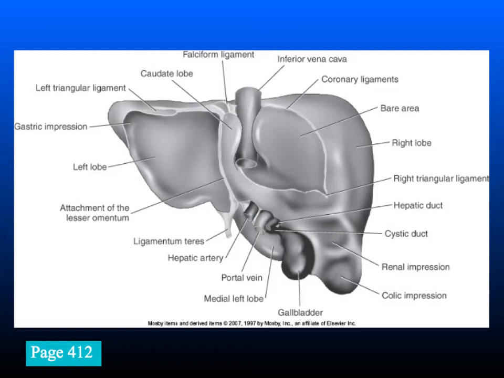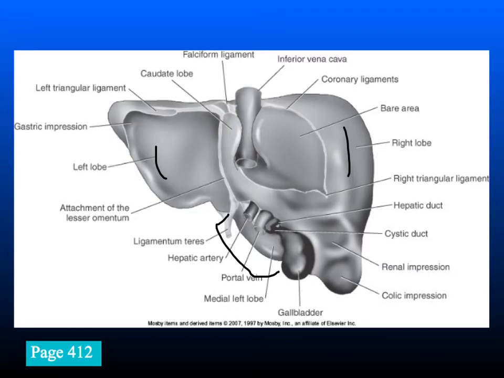This is an image looking at the liver posteriorly. Obviously, the right lobe is here, the left lobe is here. We are also looking at the hilum of the liver, which is the area where all the vessels, arteries, veins and nerves enter the liver, and it's called porta hepatis.